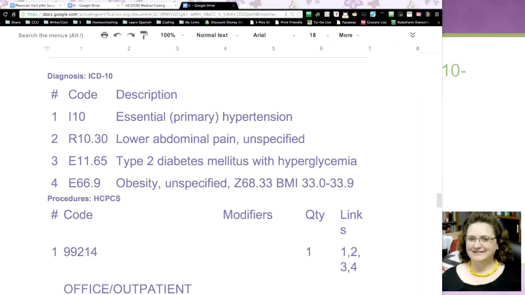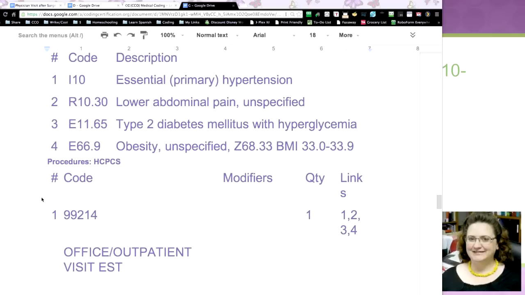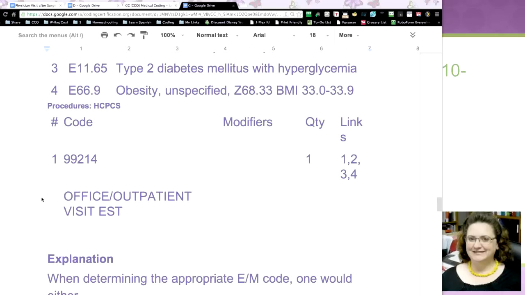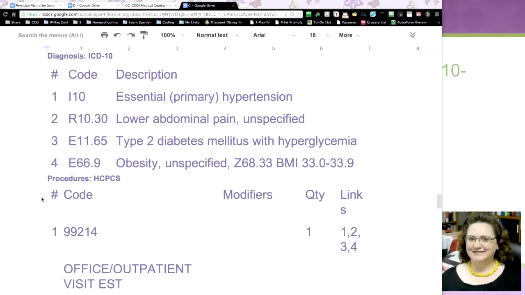Now, obesity unspecified E66.9, but actually I would code the BMI, which would be Z68.33. Those are sort of interchangeable, again, because you were given the BMI. Otherwise, you can't take things out of that review, like blood pressure and stuff. BMI you can take out.